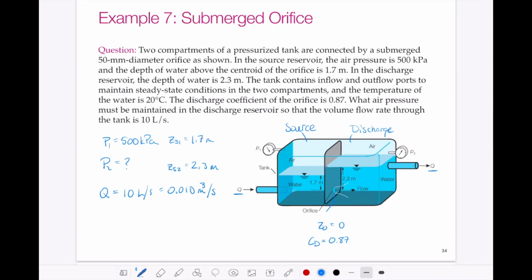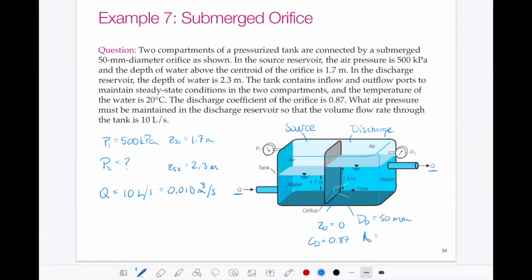Is there anything we're missing? The only thing I didn't write down is the actual size of the orifice. It says the diameter of the orifice is 50 millimeters, so D0 is equal to 50 millimeters.